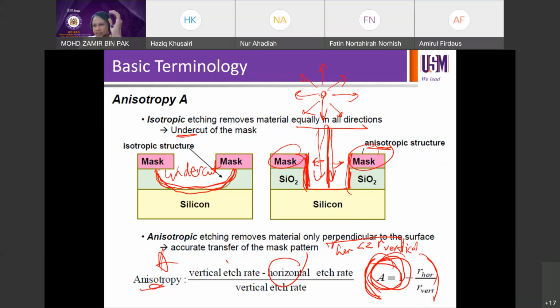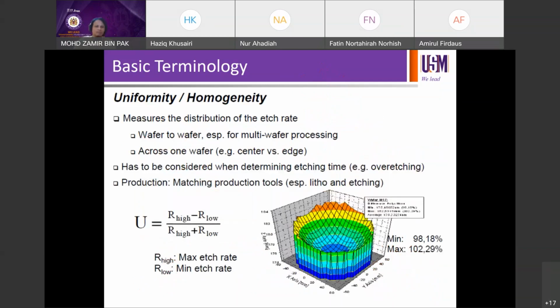You cannot simply neglect the horizontal component if your A is 0.7, for example. Kalau tengok si A 0.5, even worse lah. That means the strength of your anisotropy is not so good. That means horizontal punya component sama dengan vertical punya component. So we just manipulate the equation there to understand the mechanism, right?